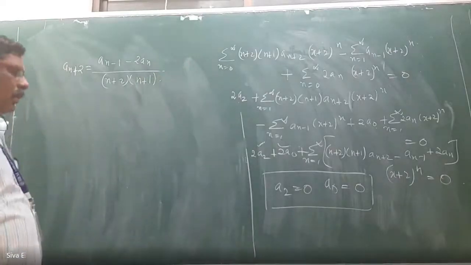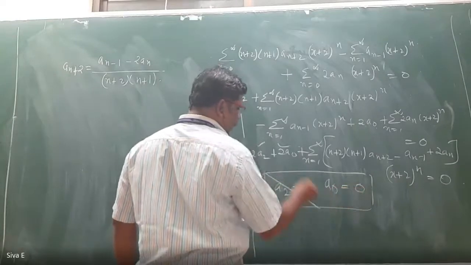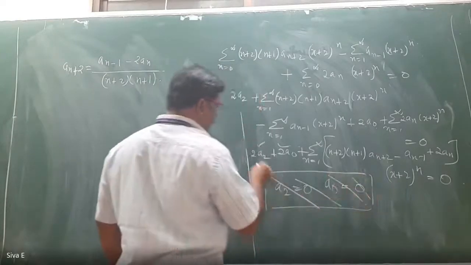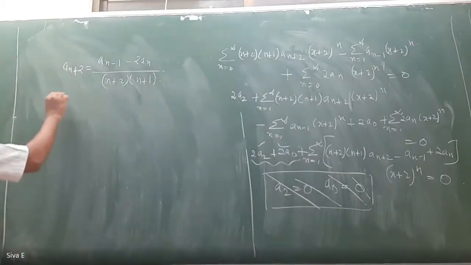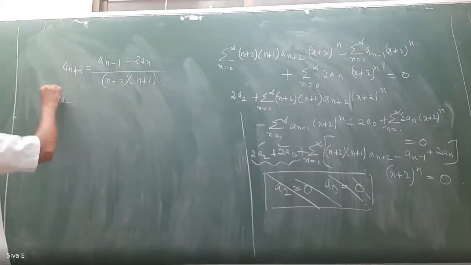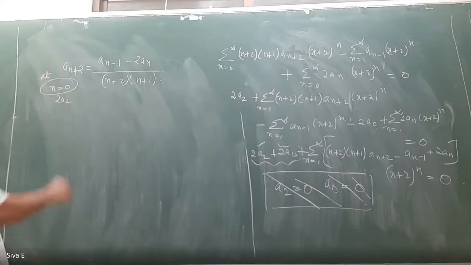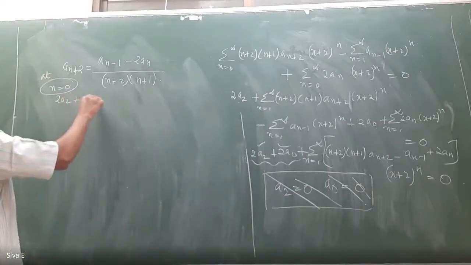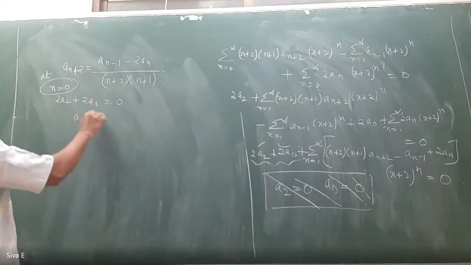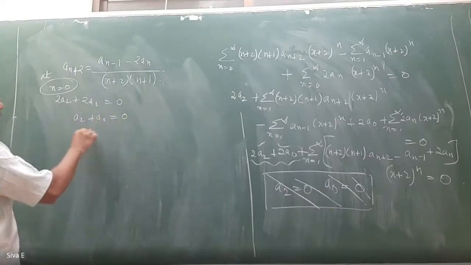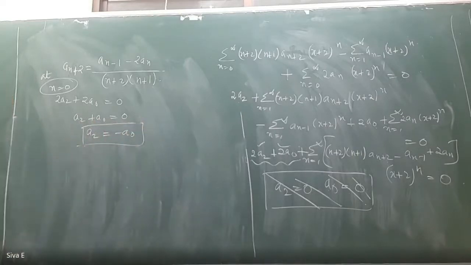See here we can do one thing. Here a2 equal to 0, a0 equal, instead of writing this, we can write 2a2 plus 2a0 equal to 0 at n equal to 0. So a2 plus a0 equal to 0, meaning a2 equal to minus a0.